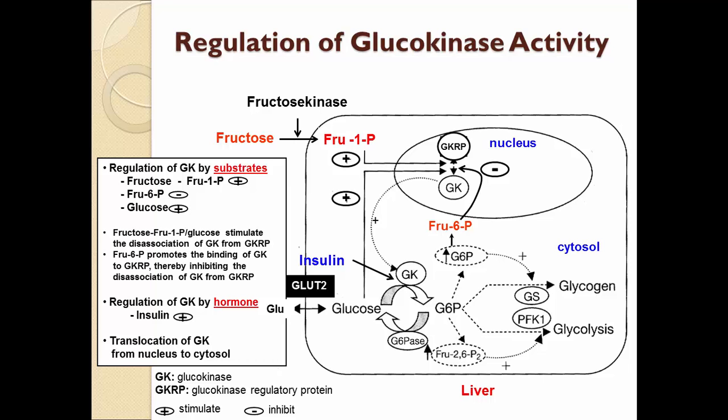And what you need to remember is one important hormone, insulin, and three key substrates, and how these substrates and hormones regulate glucokinase activation during the fed condition to promote glycolysis. So we mentioned that glucokinase is basically localized in the nucleus when it's low.